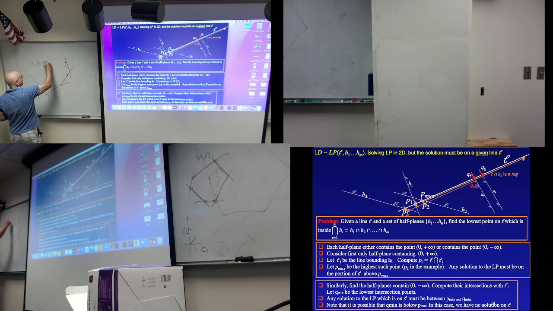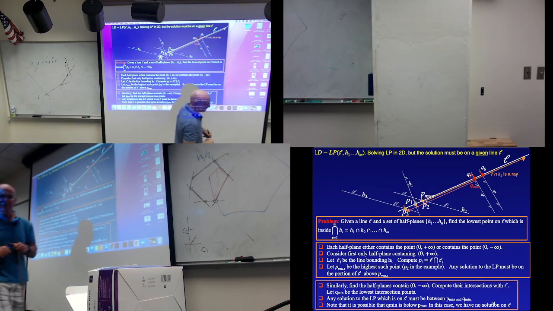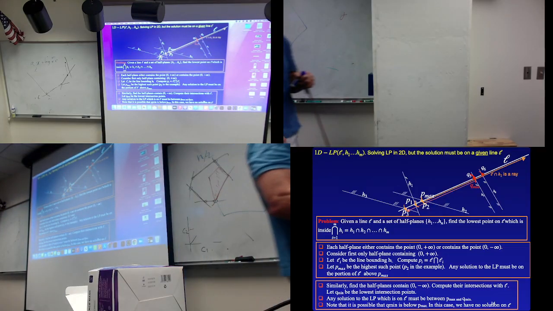If I have ax plus by is smaller or equal than c, and I have a line L specified whichever way you want, then you can find the intersection point of this line with the line ax plus by equals c, which is a line as well. And I hope that you know how to find intersection points of two lines.